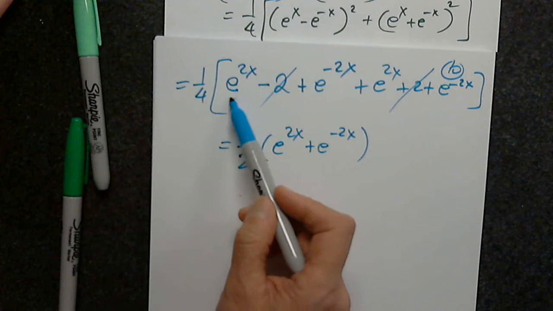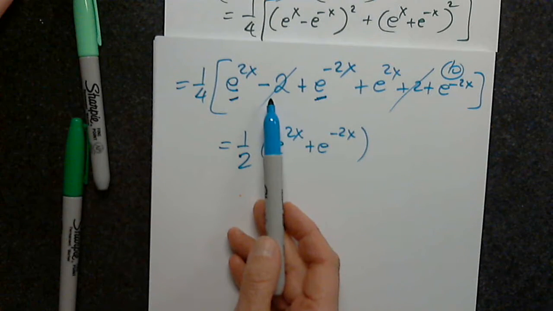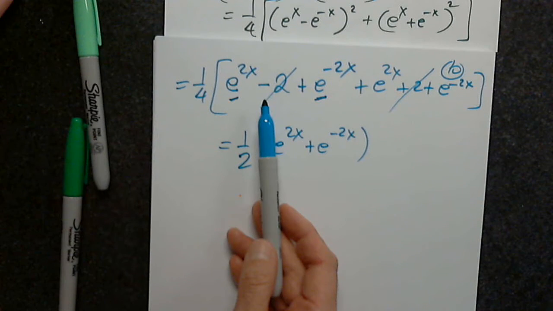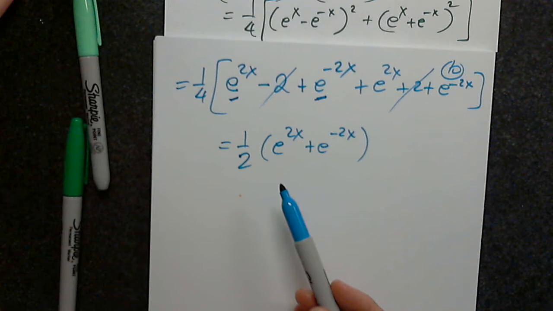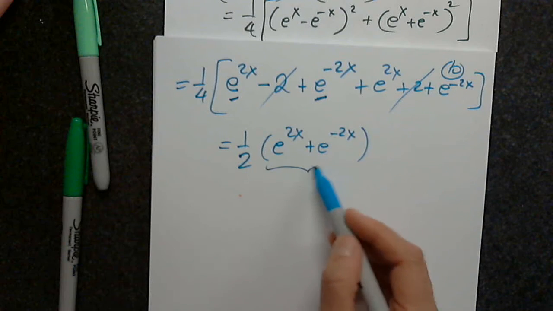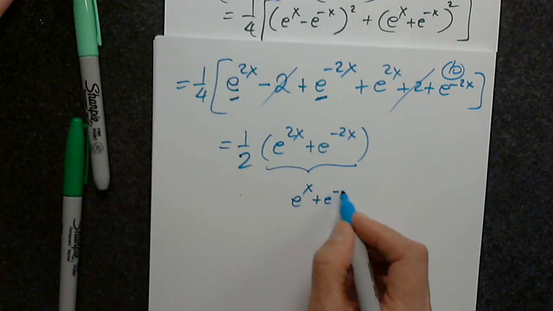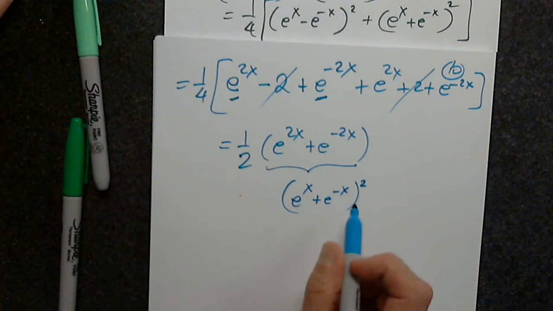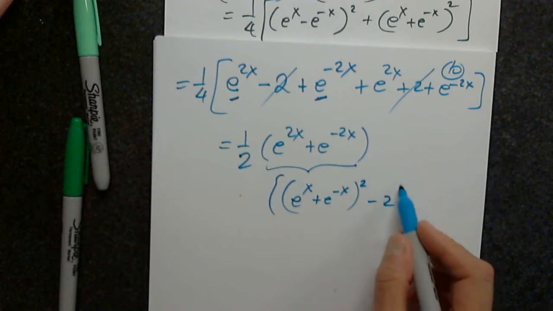So this piece is this, and this piece is this. It just has that minus 2 in there. So is there anything we can do here? Any simplification? If I change this piece into e to the x plus e to negative x squared, this one has a 2 and minus 2.